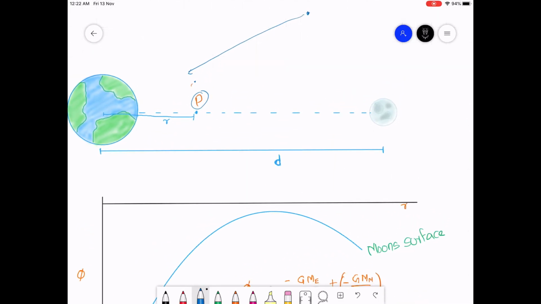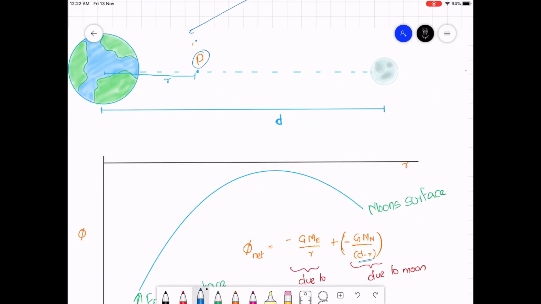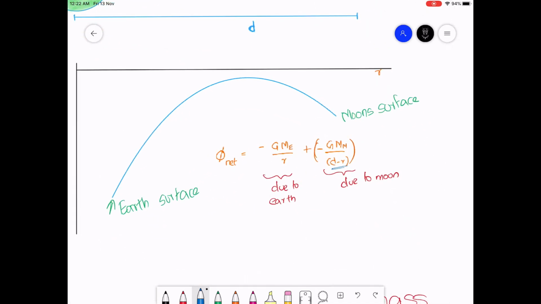So the work done in order to bring a kilogram or a unit mass from infinity to this point P is negative GM_e by R, where M_e is the mass of the Earth, plus negative GM_m by D minus R, which is due to the Moon.